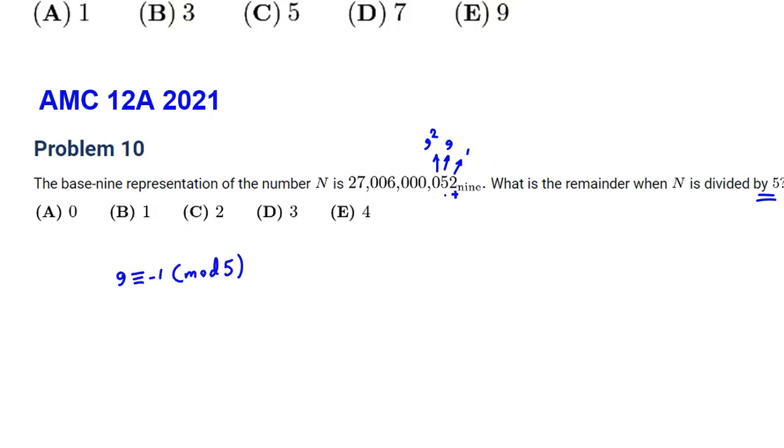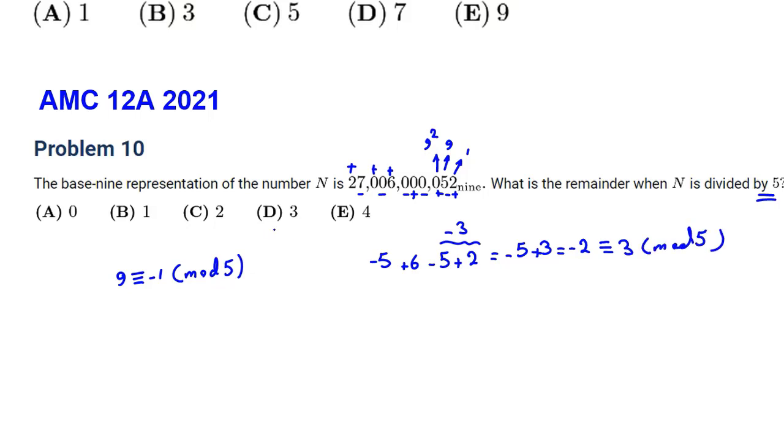So we consider plus, minus, plus, minus, and so on. So 2 minus 7, negative 5, plus 6, minus 5, plus 2. So it will be negative 3, which leads to negative 2, and negative 2 mod 5 is 3. So the answer here is D.